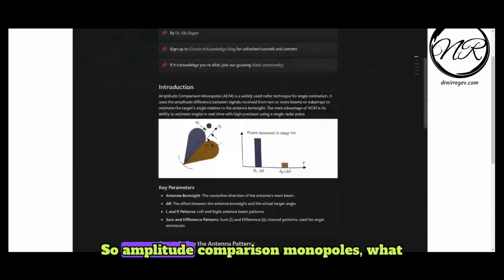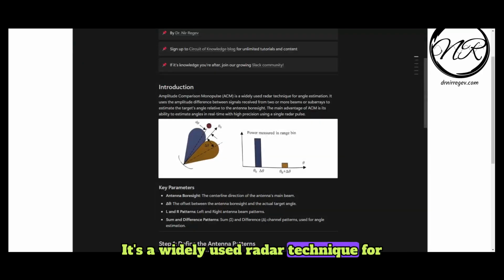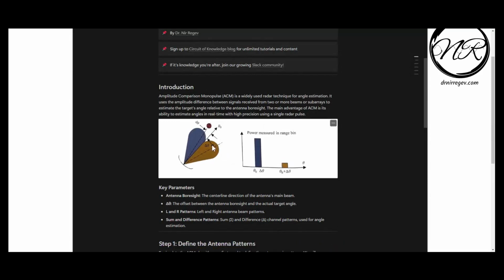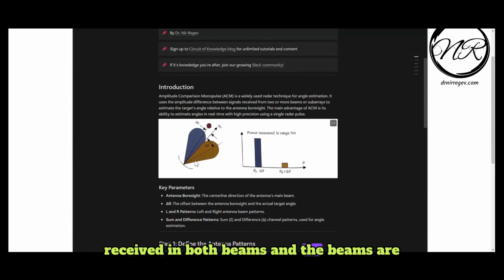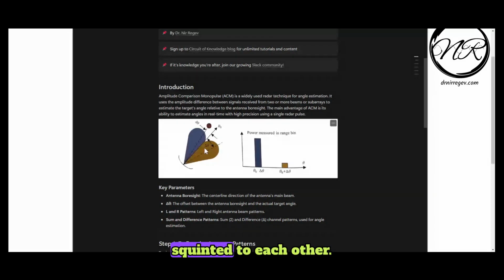So amplitude comparison monopulse, what is it? It's a widely used radar technique for angle of arrival estimation. And the idea behind it is pretty simple. We look at the relationship between the powers or the amplitudes received in both beams, and the beams are squinted to each other. They have a delta theta or 2 delta theta between them.